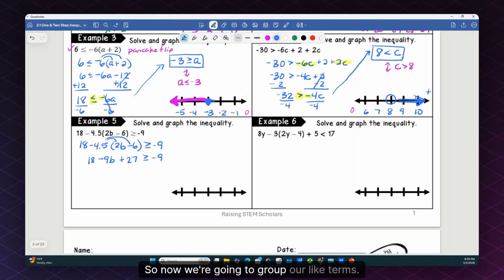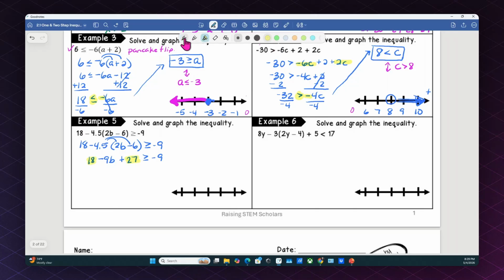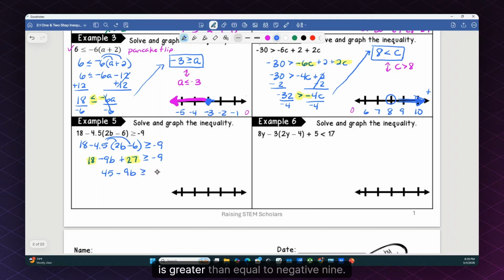So now we're going to group our like terms. And when I look at this, I see that I have an 18 and a 27 in common. So my 18 plus 27 is going to give me 45 minus 9b is greater than or equal to negative 9.